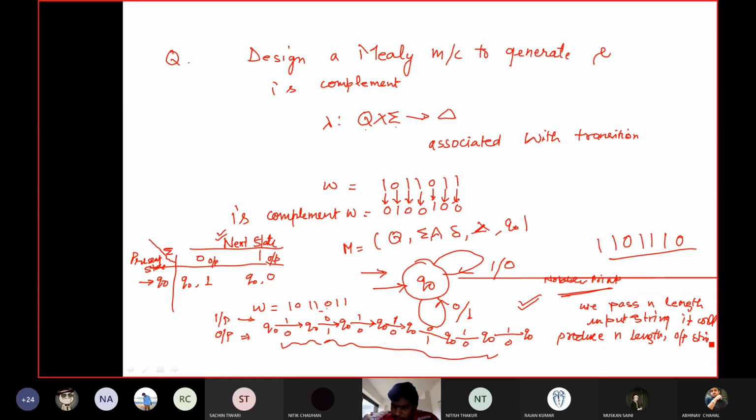Clear this point? Got it? Whatever the length of the input string, it will produce output of that same length. So it is a notable point, so you note down this point.